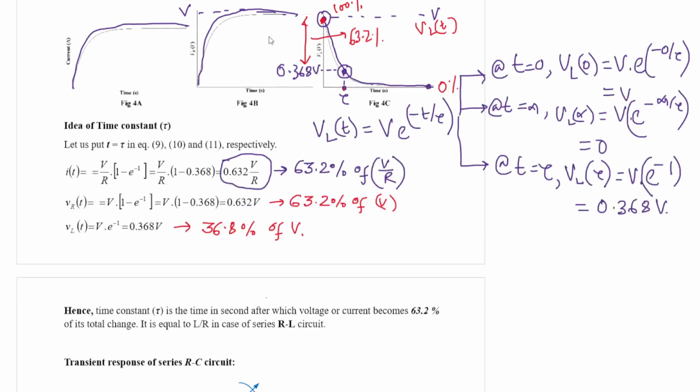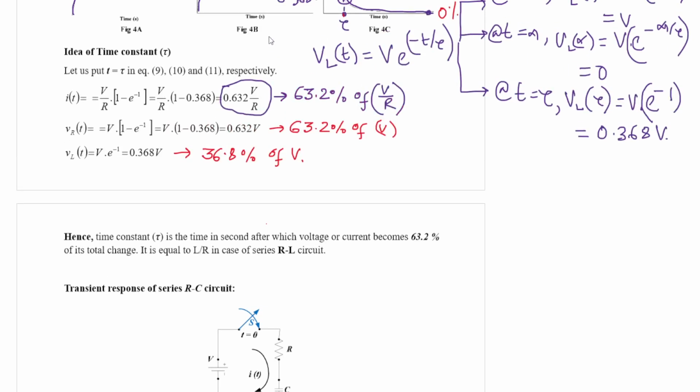The idea of the time constant is that it is the time in seconds, of course, it is the measure of the time after which voltage or current, both voltage or current, becomes 63.2% of its total change. It's very important.